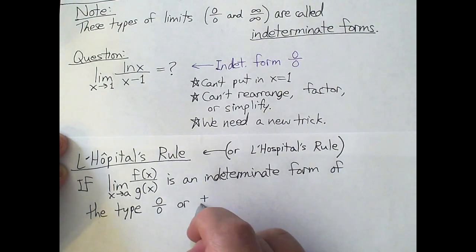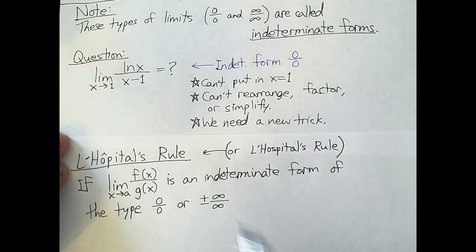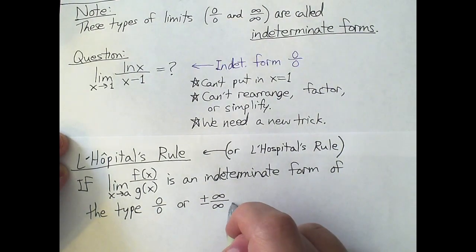It could actually be plus or minus infinity over infinity. I mean, if it was minus infinity over infinity, then we'd still have the same kind of issue.